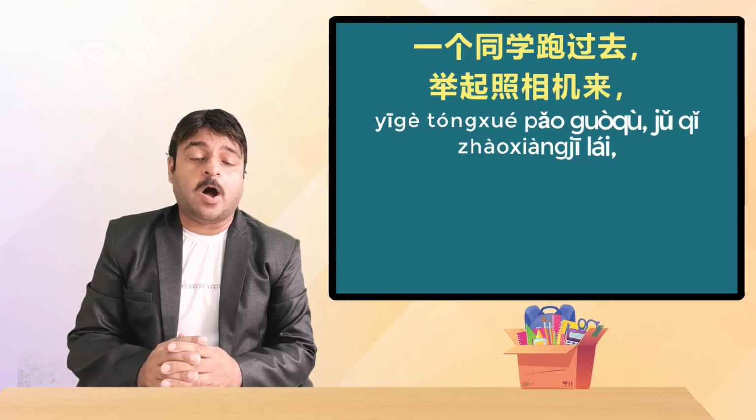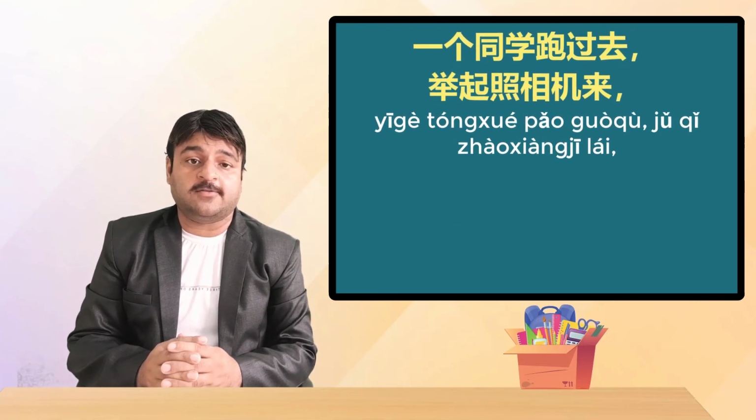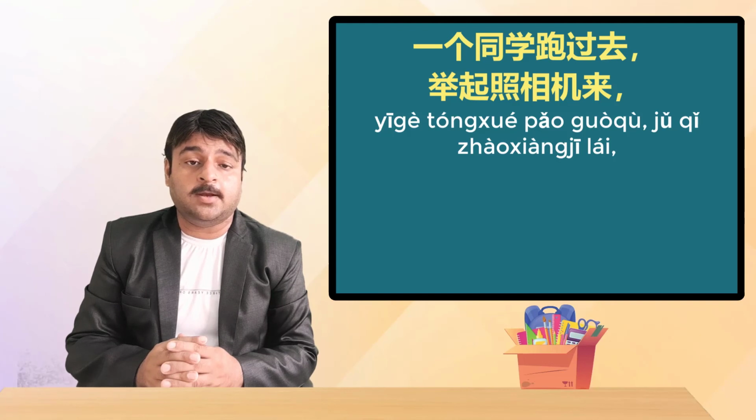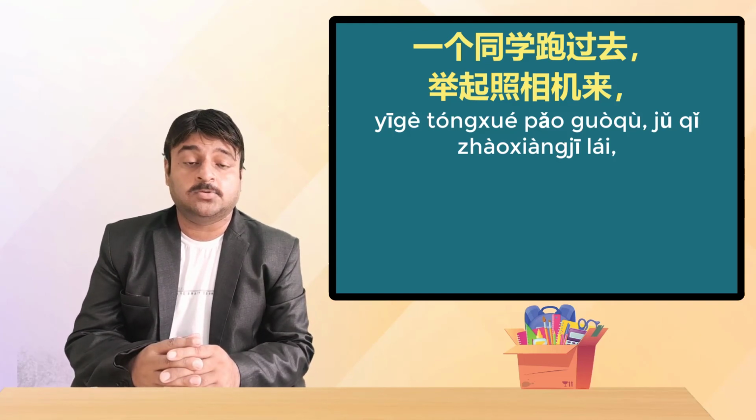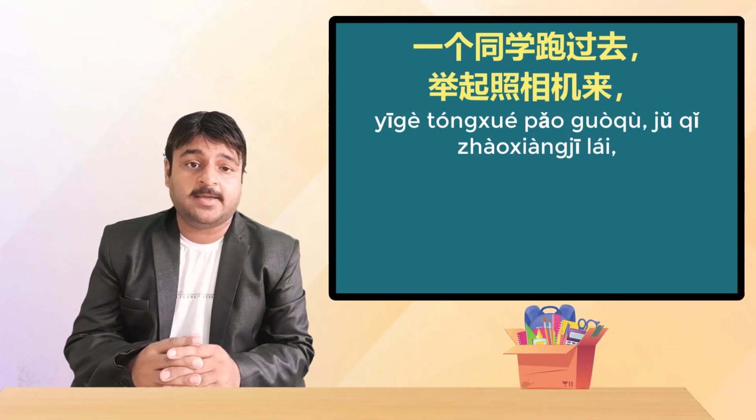一个同学跑过去 a classmate, 跑 run, 过去 went over. A classmate went over running to him. 举起照相机来, 举起 is to hold up, 照相机 camera, 来 came.